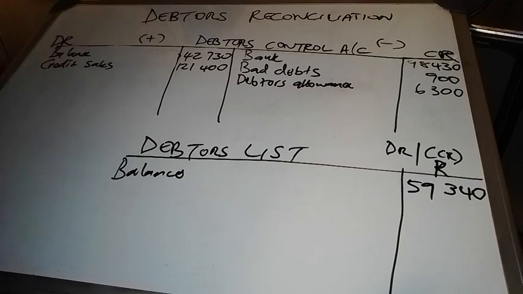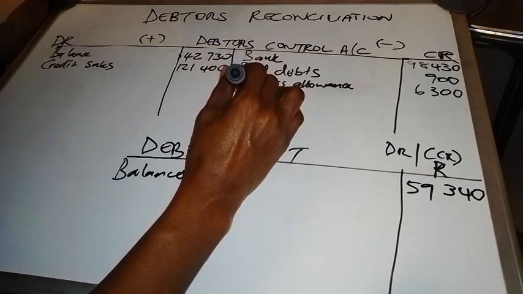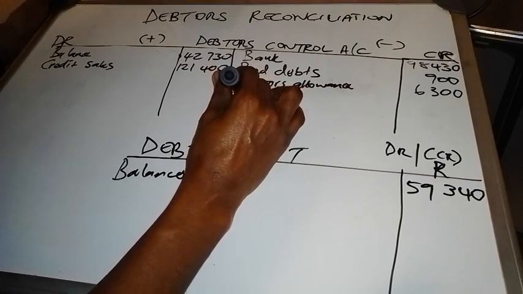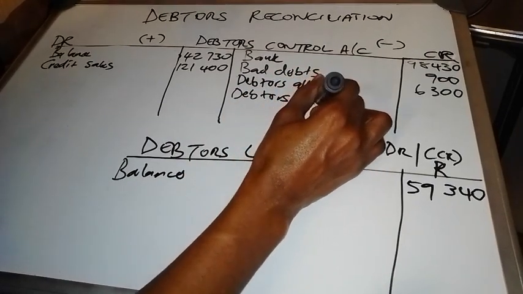And the next one says a credit note for 200 rands was issued to L Brink in respect of merchandise returned by her, but no entry had as yet been made. So here there's a return in respect of a debtor and no entry has been made. So we're going to write it here as well. It's also debtor's allowance.